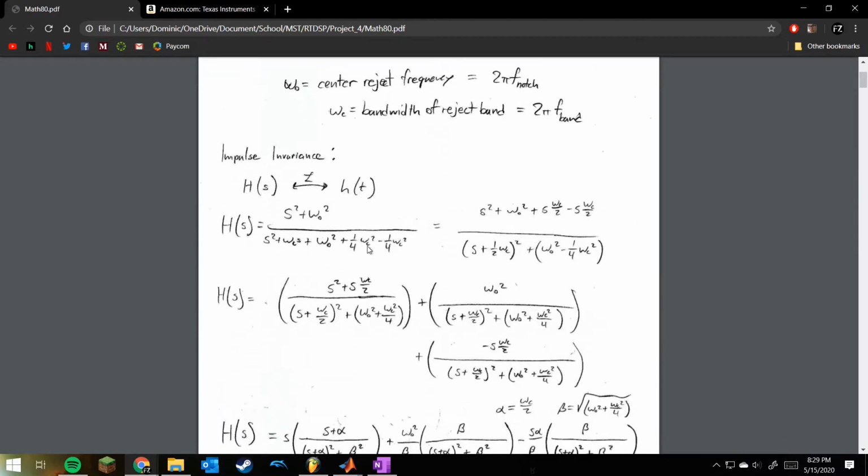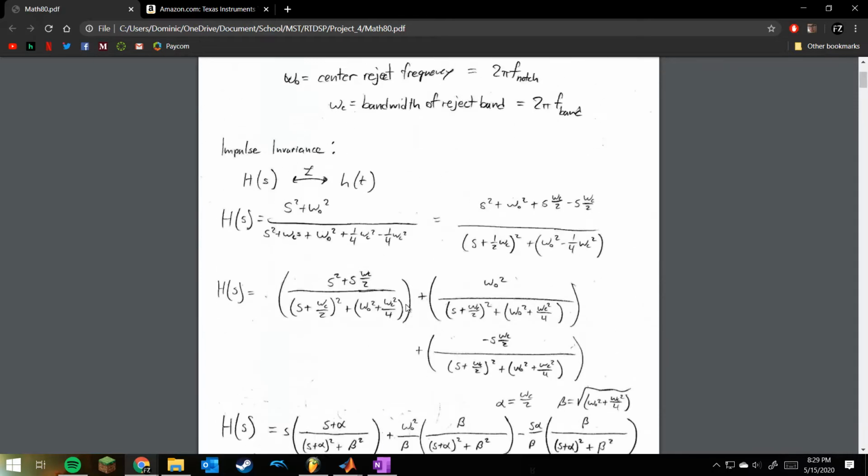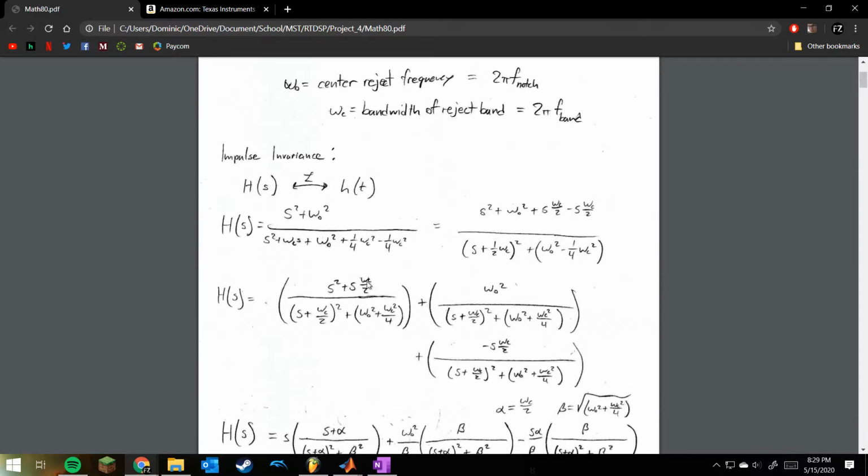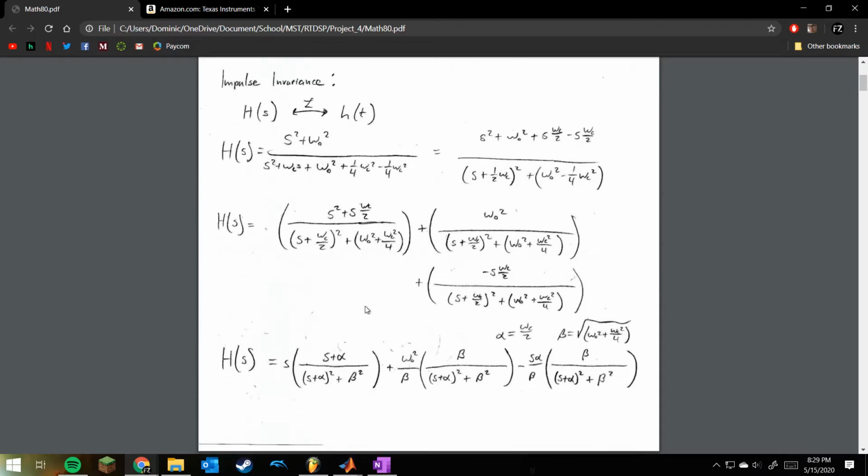For example, here in the denominator, we go ahead and add and subtract this value so that we can group these components together. And then we add and subtract this value here so that we can get one of these and get one of these here. So you'll see that we're going to treat alpha as equaling omega c over 2. And that allows us to get alphas here, here, here, and here.